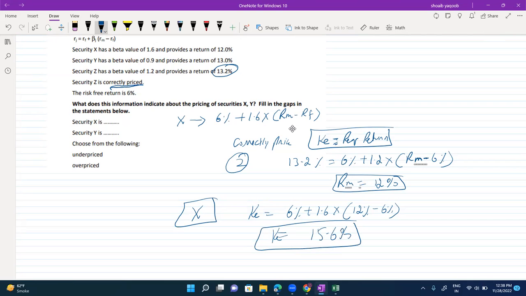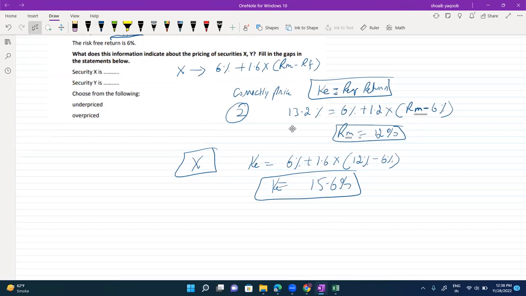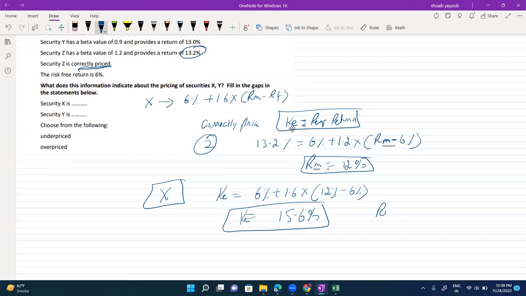ठीक है, तो कॉस्ट ऑफ इक्विटी है एक्स की 15.6%, उसका रिटर्न है 13%। यू आर डिमांडिंग 15.6%, but the actual return of that stock is 13%.